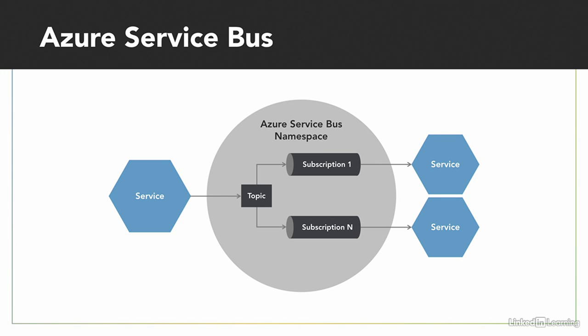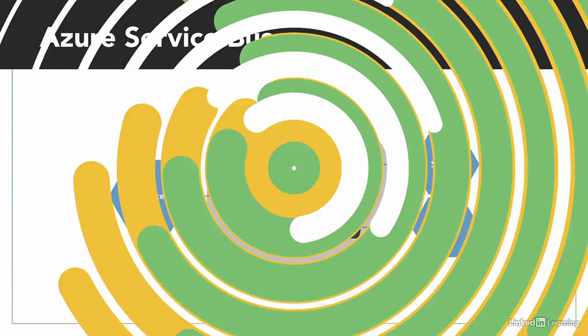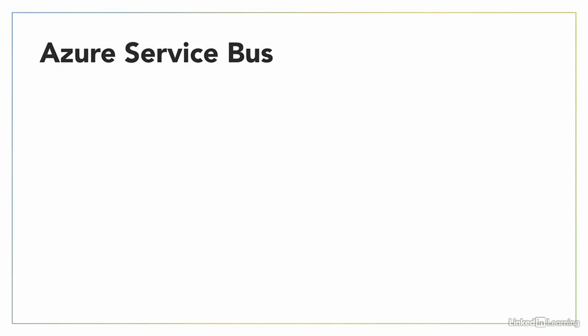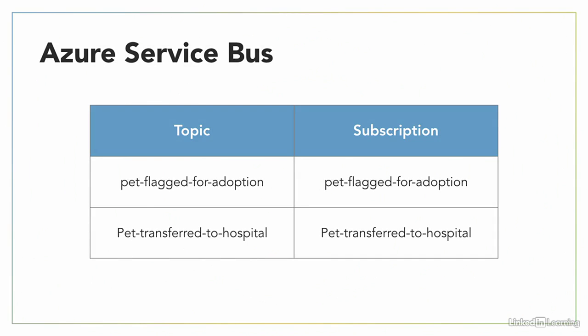After creating the topic, we create a subscription for that particular topic. Then, our microservice application communicates to the subscription to publish or consume the events. Now is the perfect moment for you to provision your Azure Service Bus namespace that you're going to use in this course. Please be sure to create the following topics and related subscriptions.